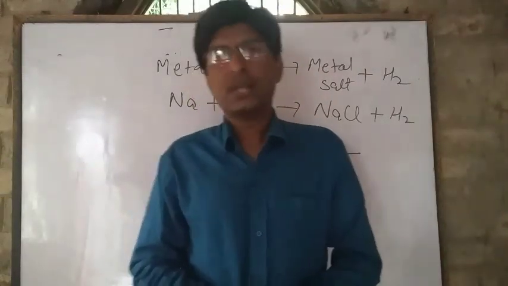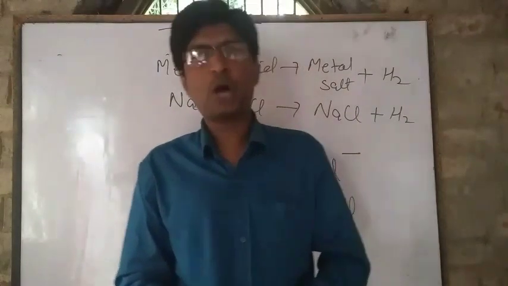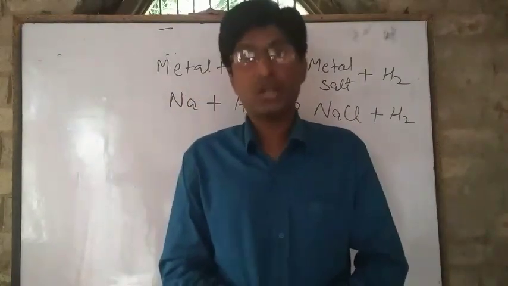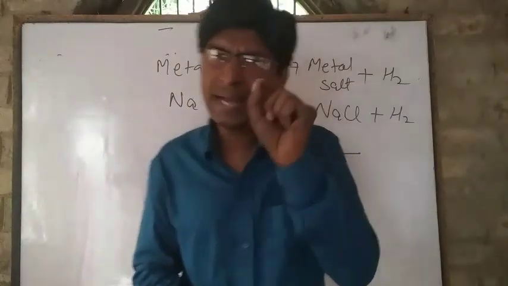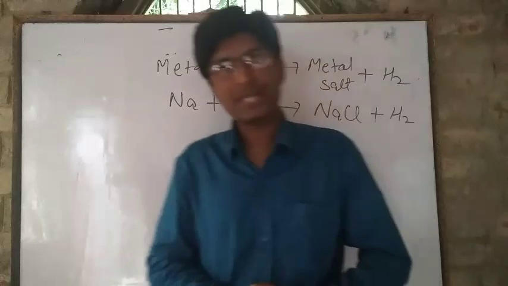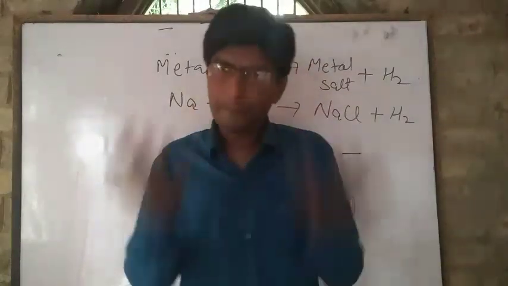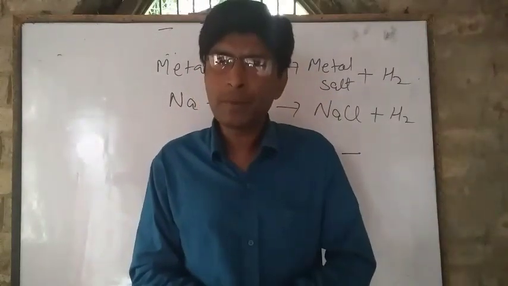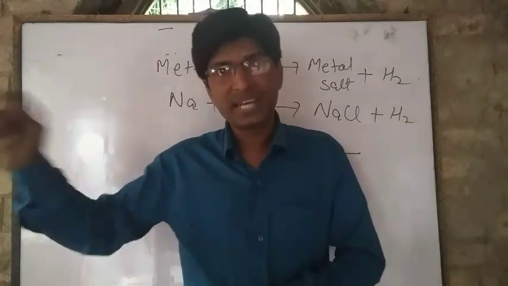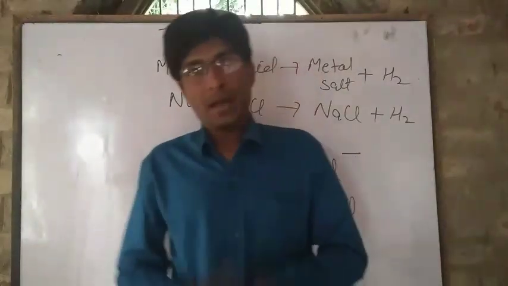Dear students, now we have studied the physical and chemical properties of metals and nonmetals. Now we will discuss ionic compounds. What is an ionic compound? The compound formed by the combination of ions is called an ionic compound. Metals form cations because they lose one electron or more electrons.